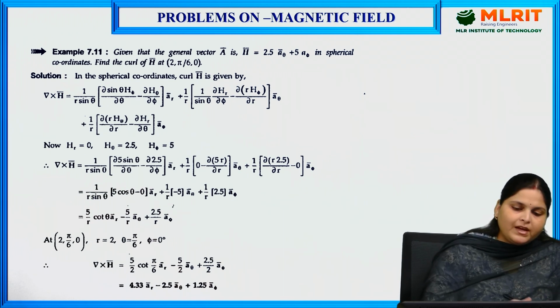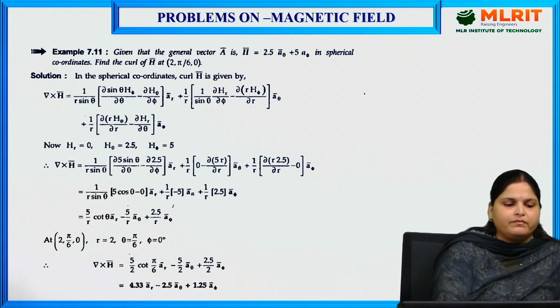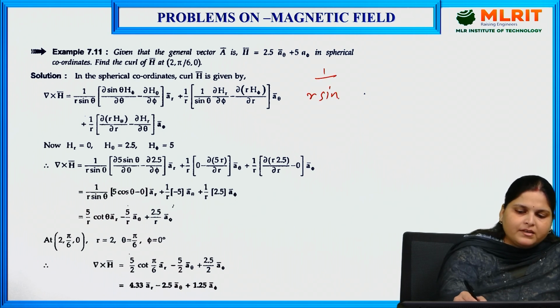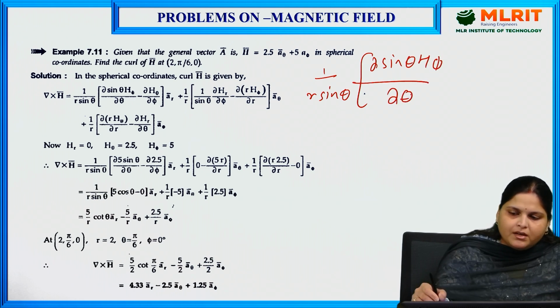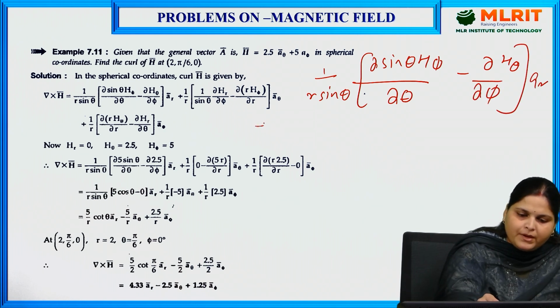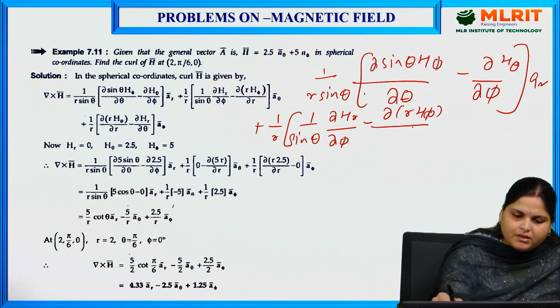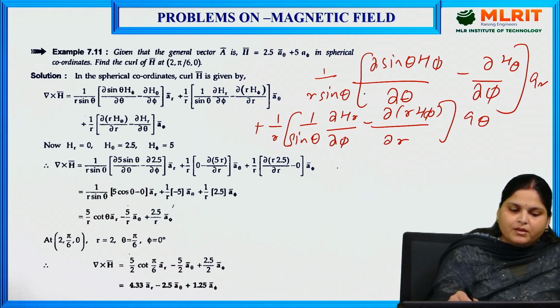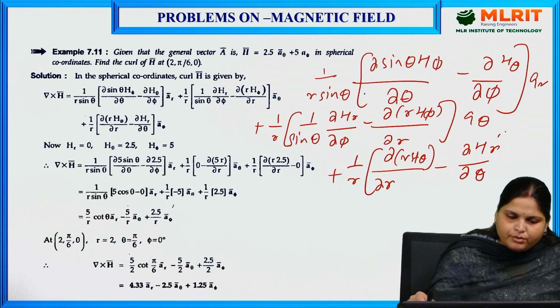So first we will have to write the equation of del cross H for the spherical coordinate system, which is given by 1 upon r sine theta times dou of sine theta H_phi by dou theta minus dou H_theta by dou phi, a_r, plus 1 upon r times 1 upon sine theta dou H_r by dou phi minus dou of r H_phi by dou r, a_theta, plus 1 upon r times dou of r H_theta by dou r minus dou H_r by dou theta, a_phi.